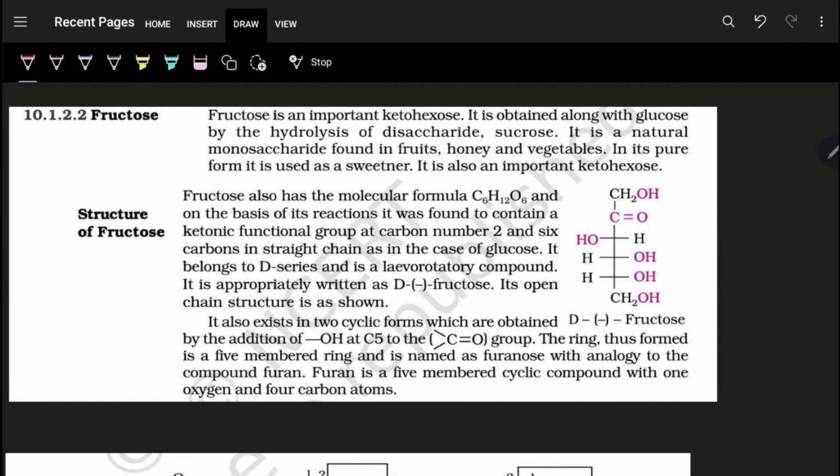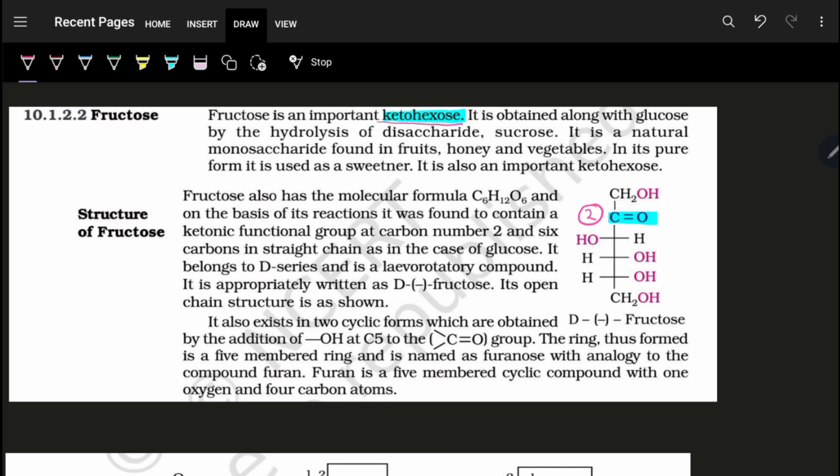Hello everyone. Let us discuss fructose, which is a ketohexose. That means it has a keto linkage with 6 carbon atoms in total. The keto linkage is at C2, and carbon number 2 is considered to be the anomeric carbon for fructose.